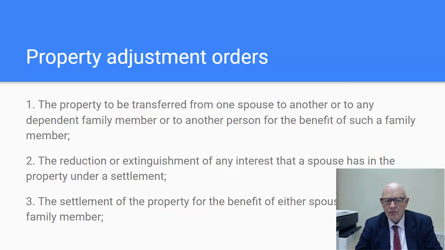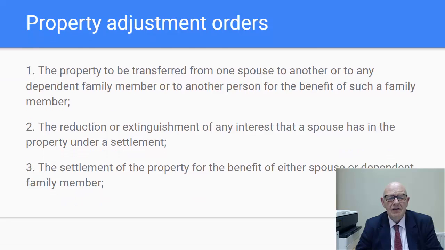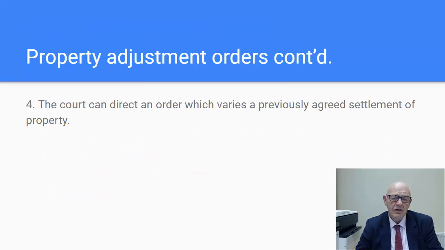The court can reduce or extinguish any interest that a spouse has in the property under a settlement. 3. The settlement of the property for the benefit of either spouse or dependent family member is possible by way of a property adjustment order. And 4. The court can direct an order which varies a previously agreed settlement of property.